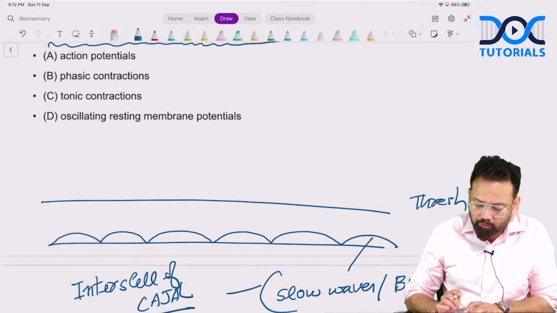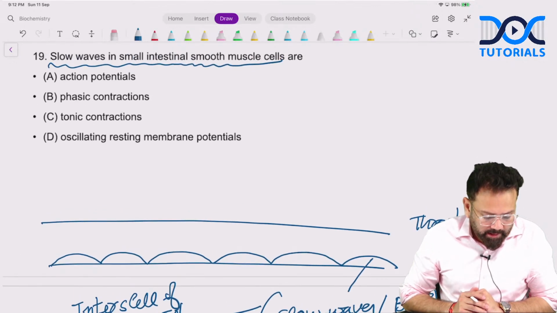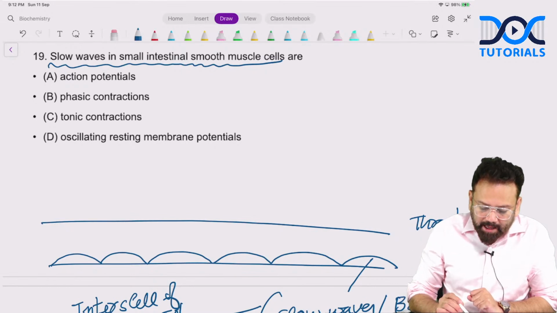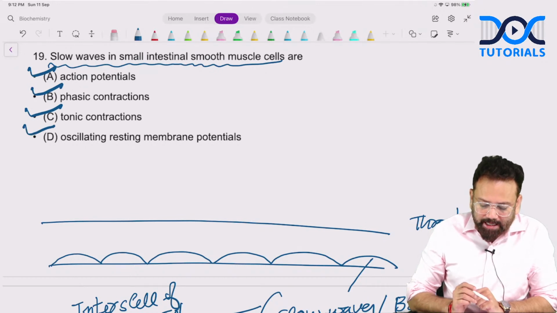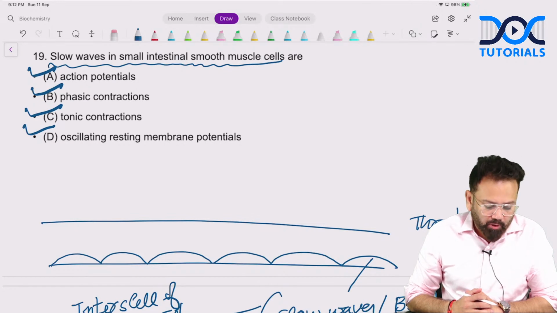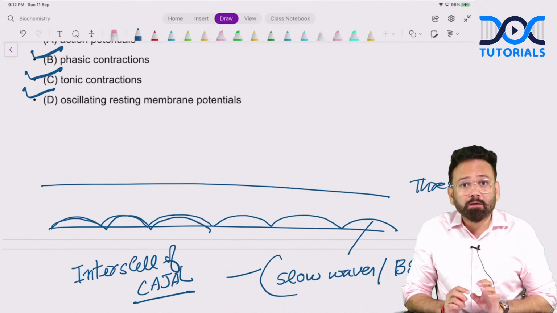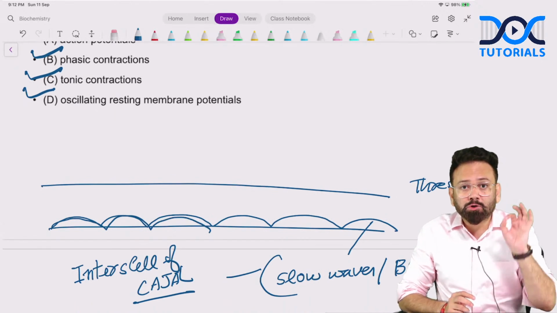So, what are the slow waves? They are action potential, they are phasic contraction, they are tonic contraction, or they are oscillating resting membrane potential. Most of you are correct. They are oscillating resting membrane potential. This is the beautiful slow wave.